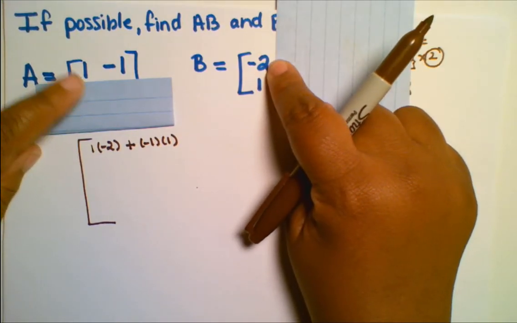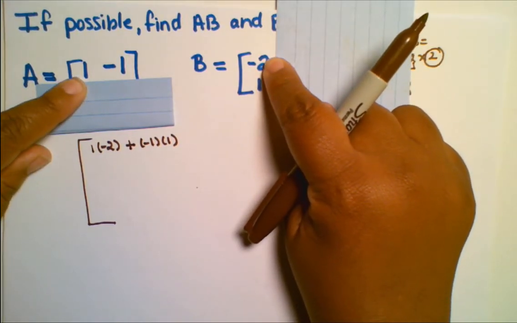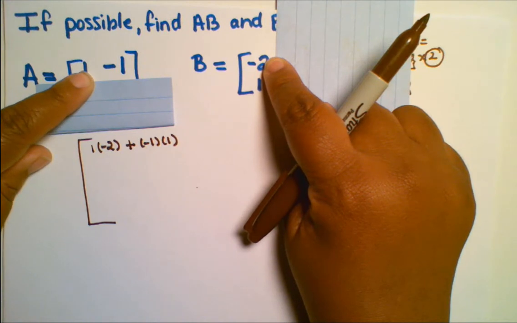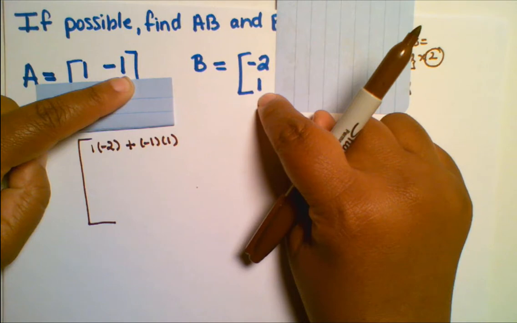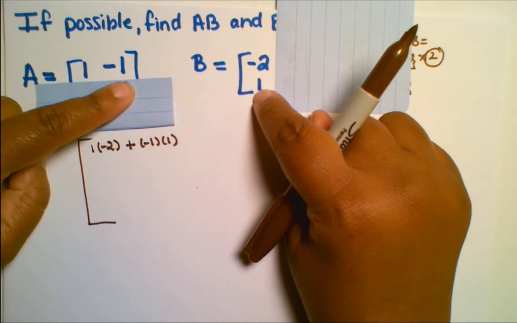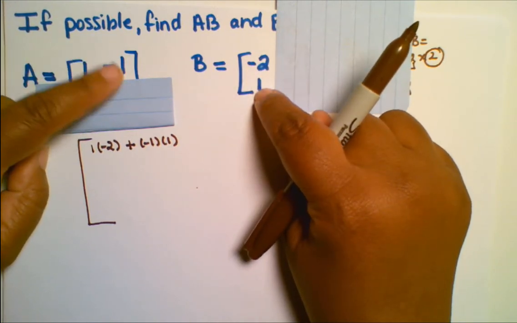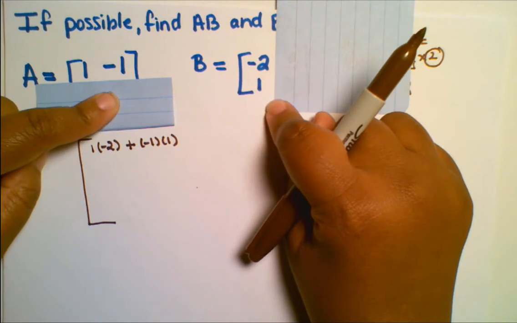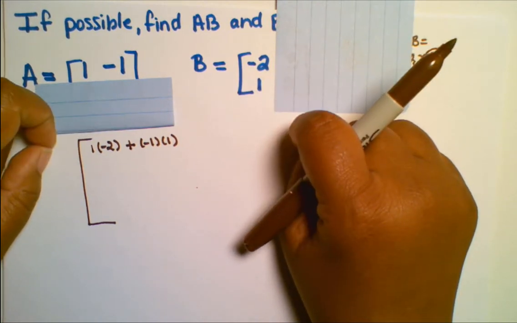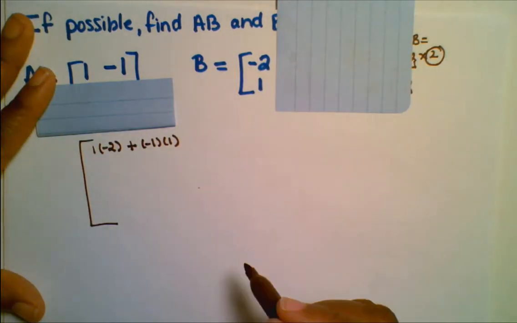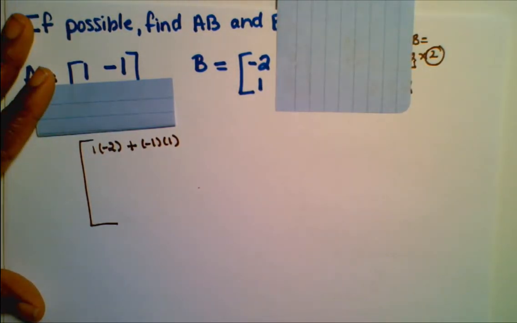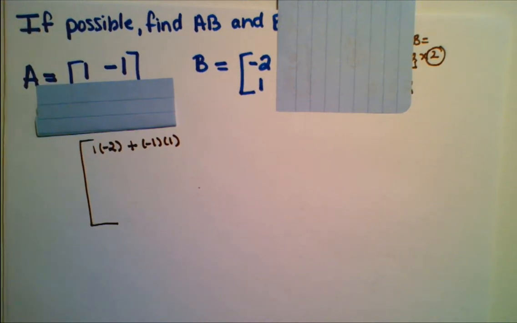So 1 times negative 2 plus negative 1 times 1. This is how we find the first row, first column. We'll come back to solving all of that.